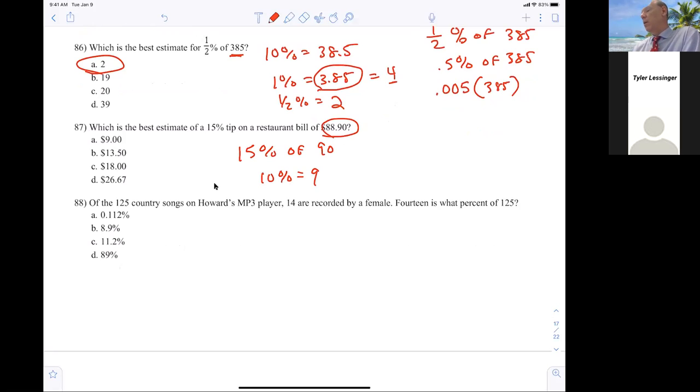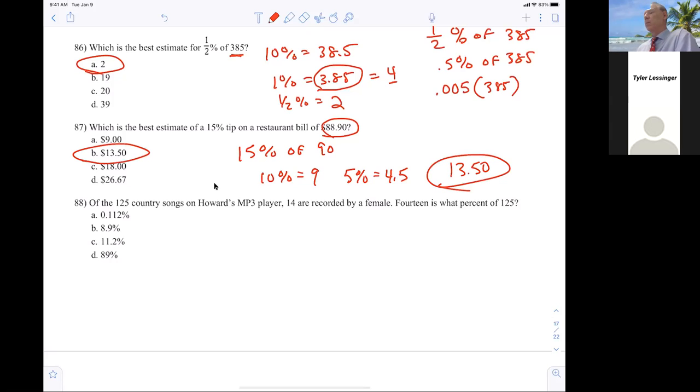So 5% is equal to half of that, which is 4.5. And so add them together, which is about $13.50. Is everybody okay with that? Anybody have any issues with that?